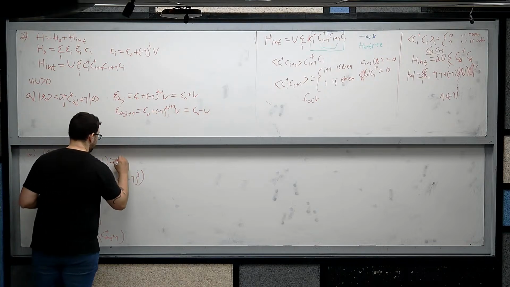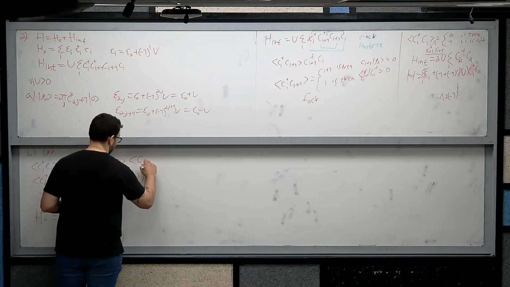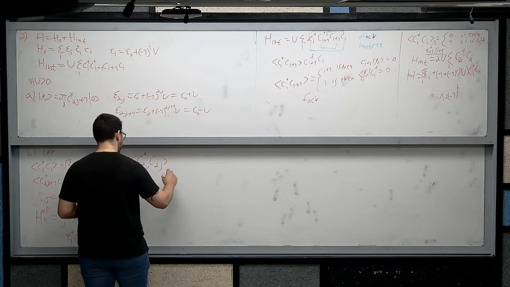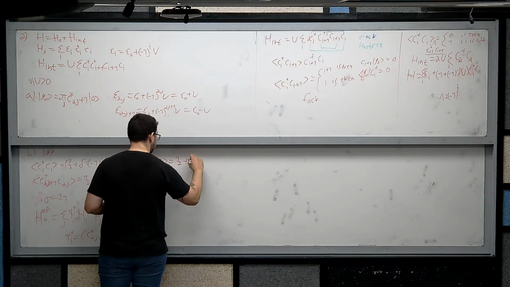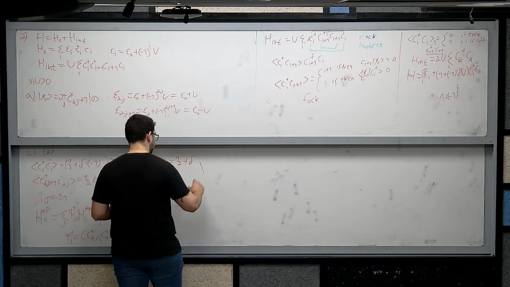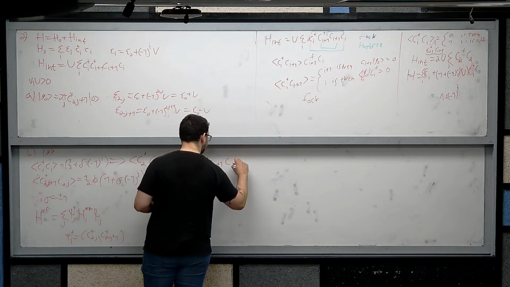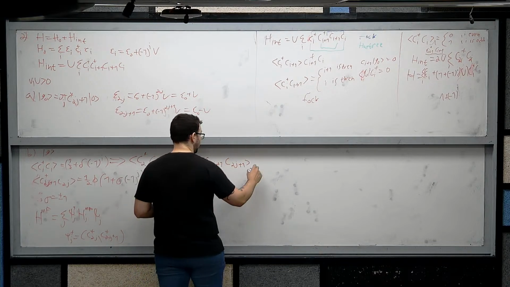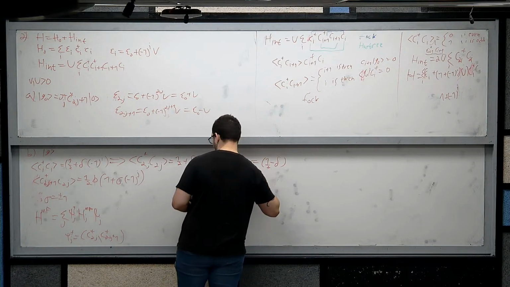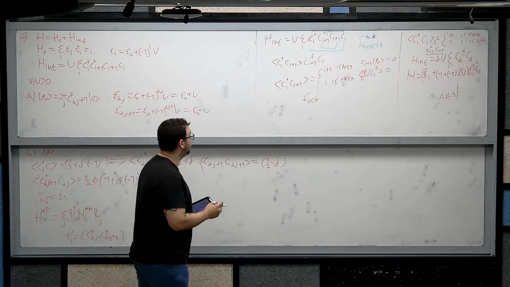So in the even and odd representation, the first expectation value that they give us, when it's even, is equal to 1/2 plus delta. When it's odd, it's equal to 1/2 minus delta. Okay.